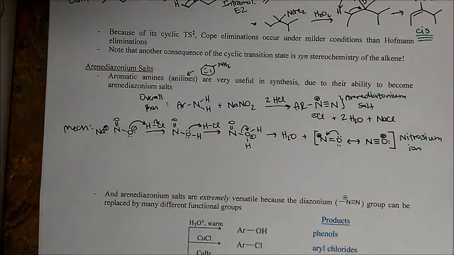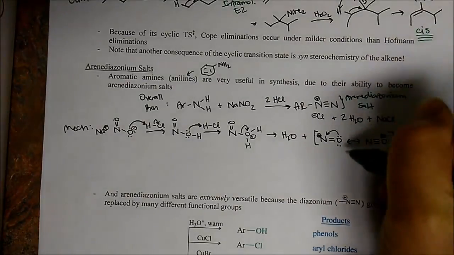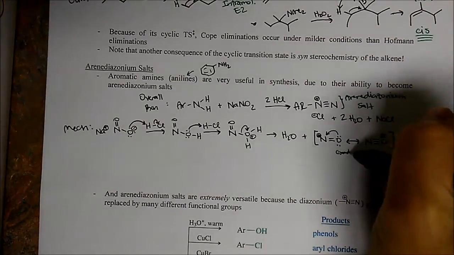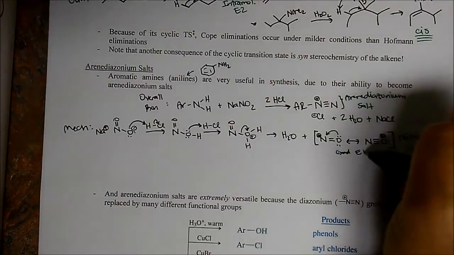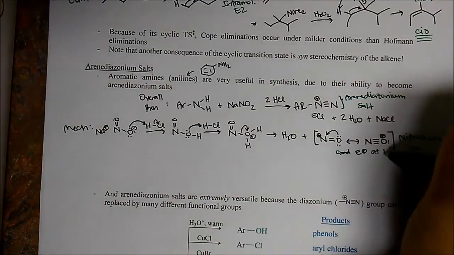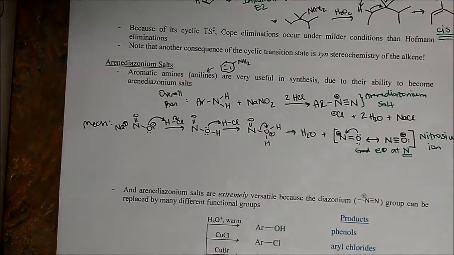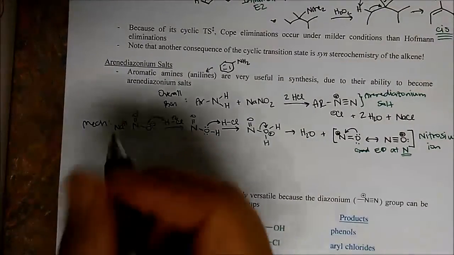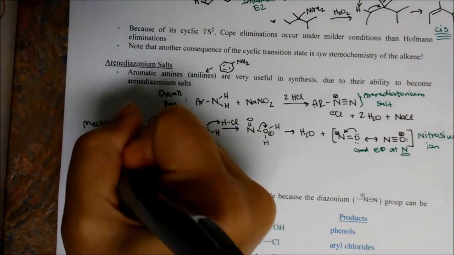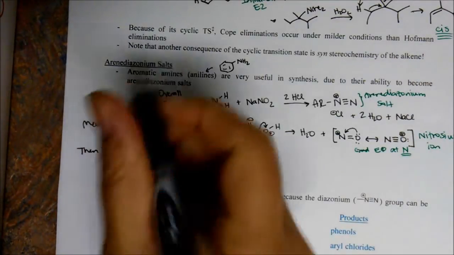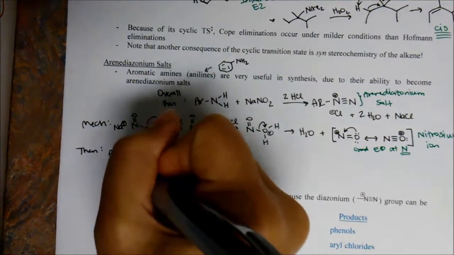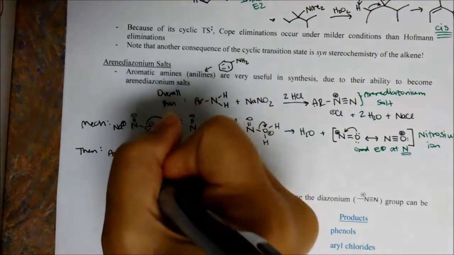This guy is a really good electrophile at the nitrogen. So let's go and use him, just like we did in EAS. Here's our awesome electrophile. Now we do, not quite EAS, but close to it.